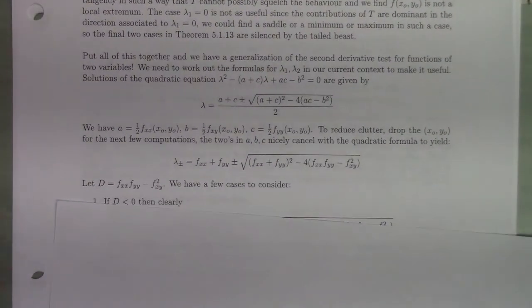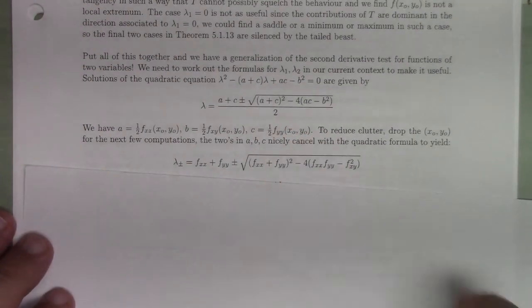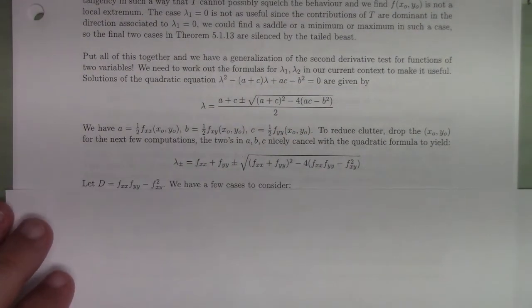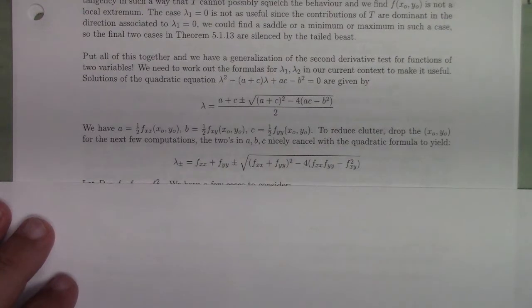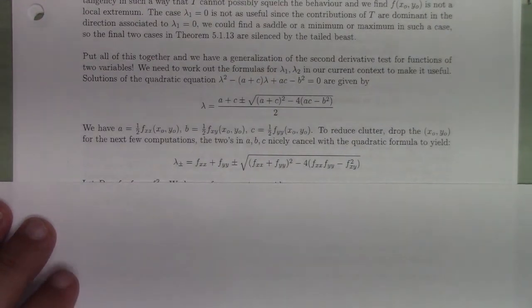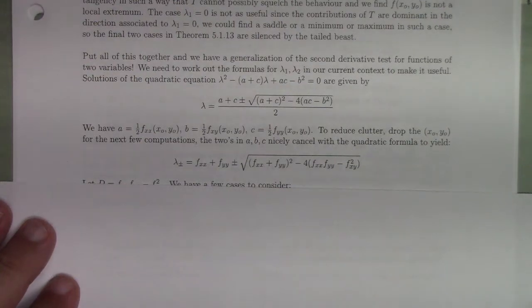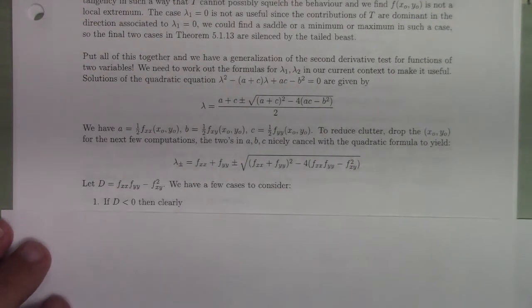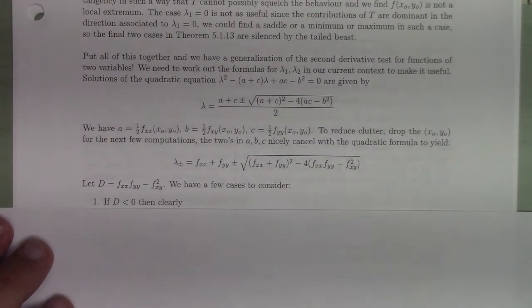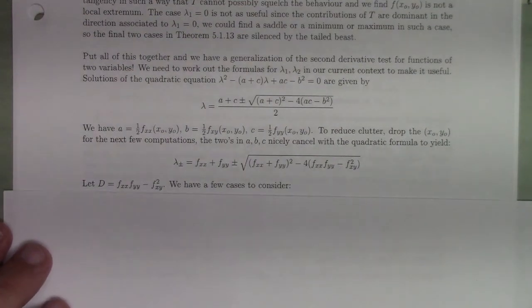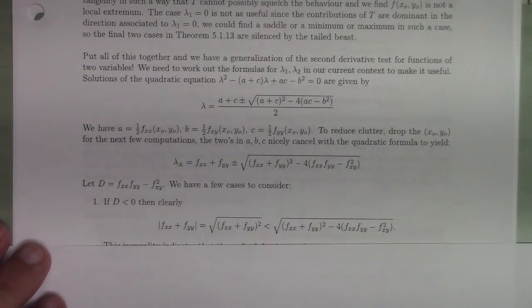You get, when you plug in, that was my formula for lambda, the Lagrange multiplier, you get this, which I then introduced the big D and broke down some cases.